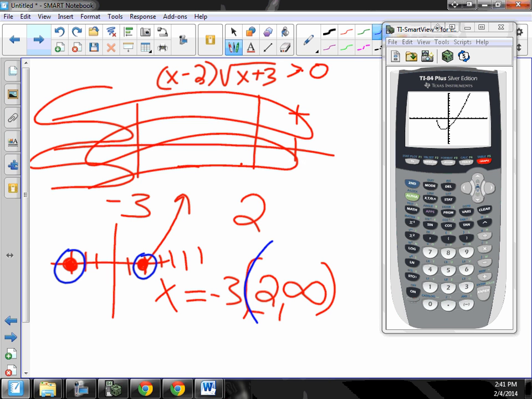Do you guys see that? If you have one point, and you change that one point to an open circle, you've deleted that point, and it disappears. So if you have a root that stops like this one did, so the graph actually went like that, and that root is the end of the line, and you turn the end of the line to an open circle, then it disappears.